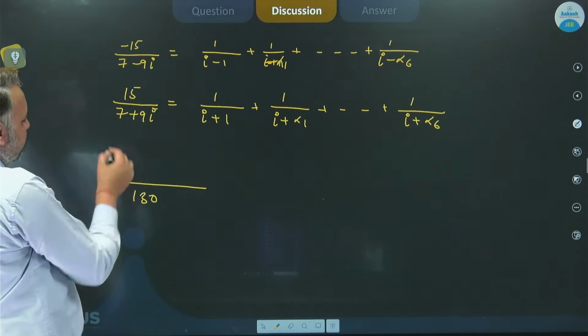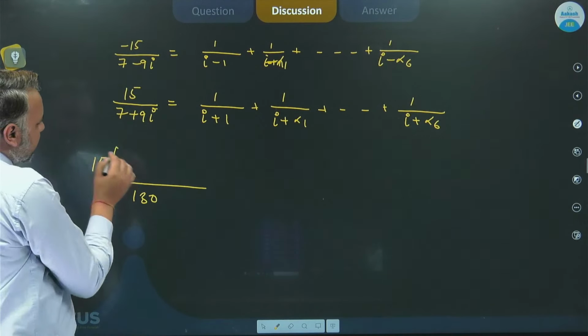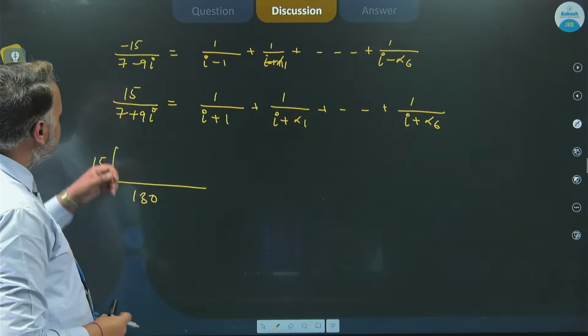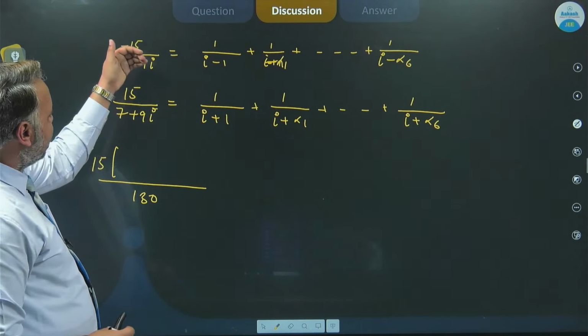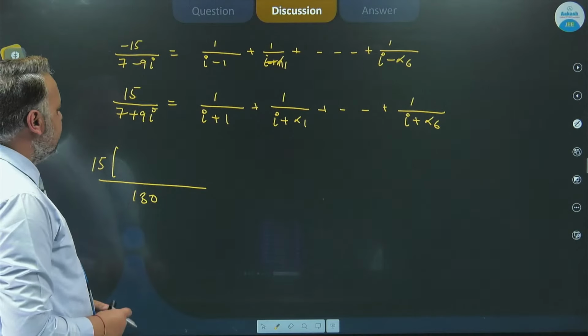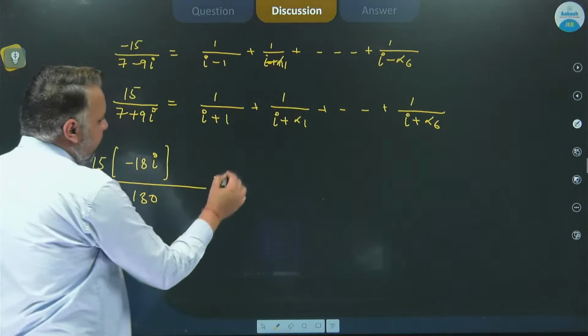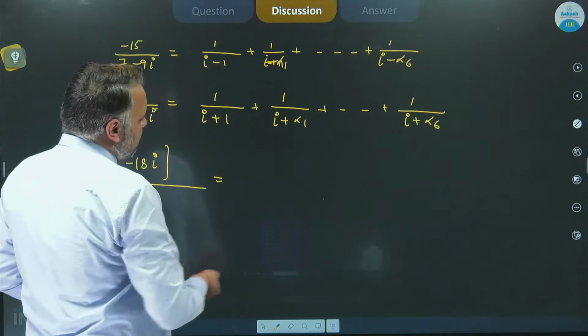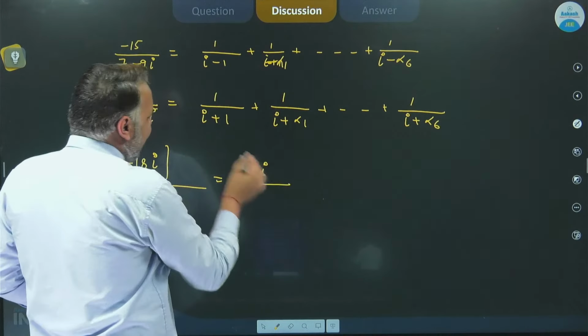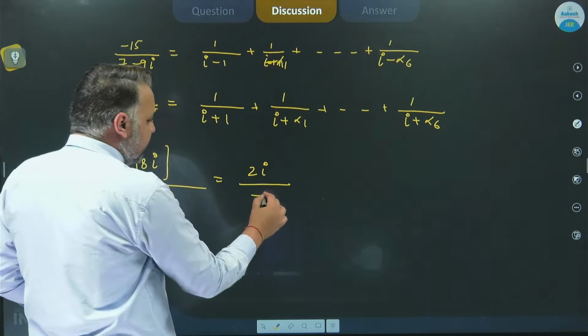And in the numerator, 15 will be taken common. And what will be the addition? 7 minus 9 iota minus 7 plus 9 iota, so that will be minus 18 iota. And here, if you add these two, this will be 2 iota divided by iota square minus 1 square, that is minus 2.